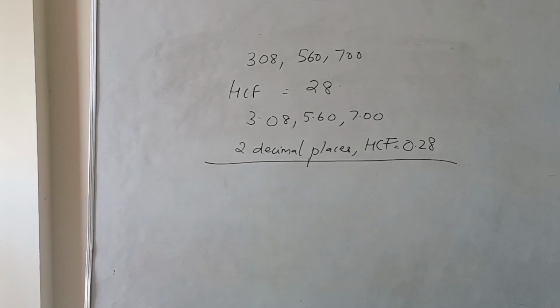So 28 is the HCF of 308, 560 and 700. But our question is to find the HCF of 3.08, 5.6 and 7. So to convert it into the appropriate form of 2 decimal places, our HCF would change from 28 to 0.28. That is basically to account for the 2 decimal places in the original question.